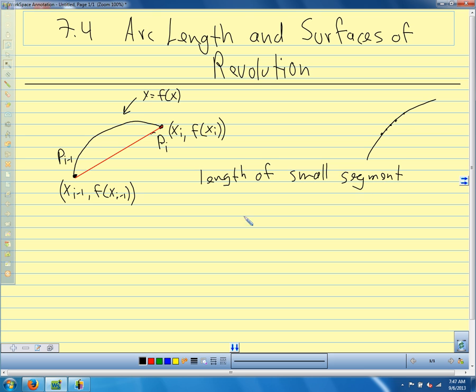I'm going to use the distance formula. d sub i is the square root of (x sub i minus x sub i minus 1) squared, just using the distance formula, plus (f of x sub i minus f of x sub i minus 1), and we're going to square that quantity.